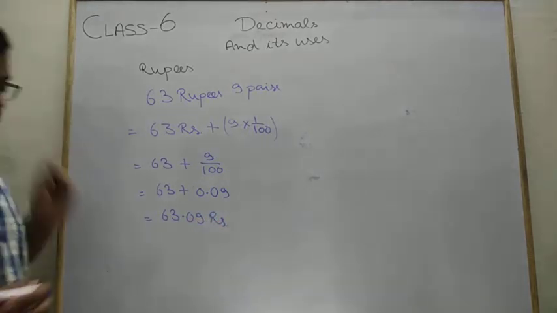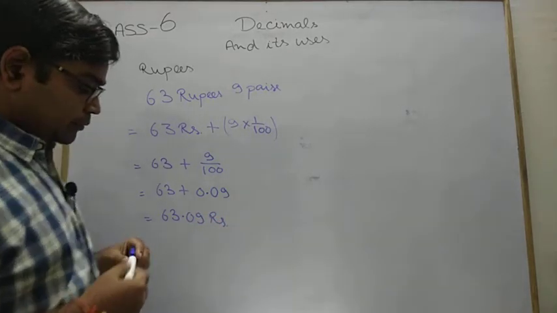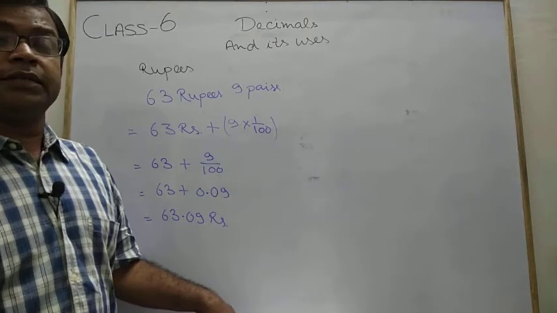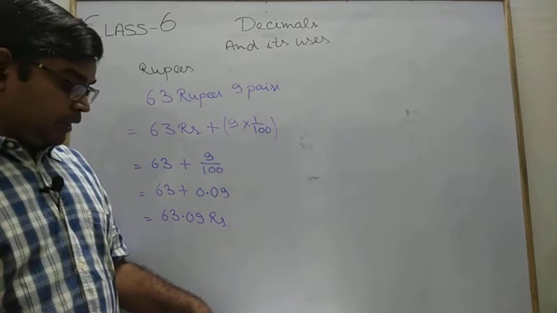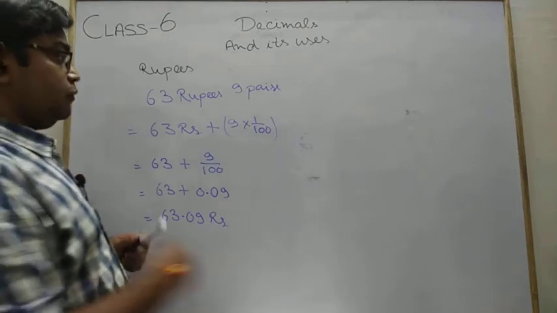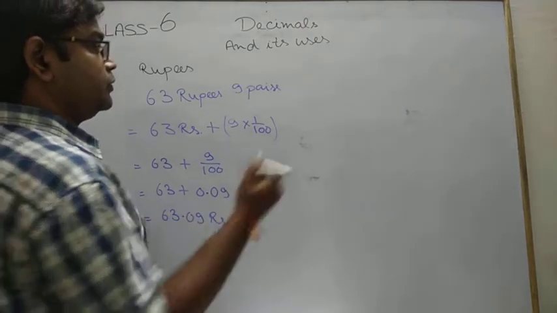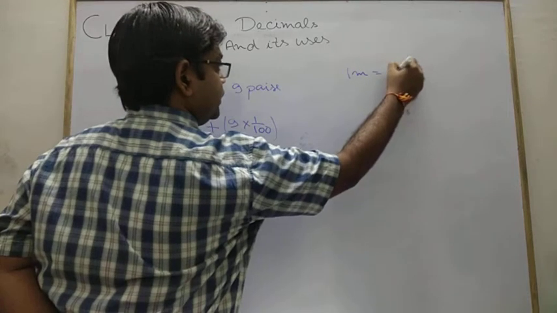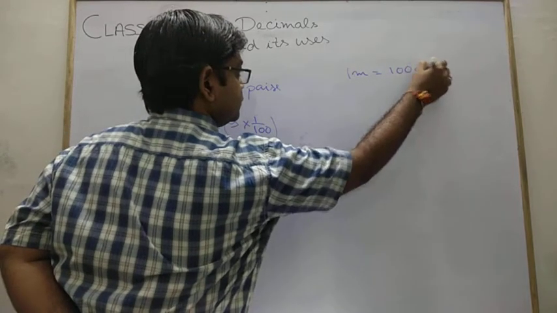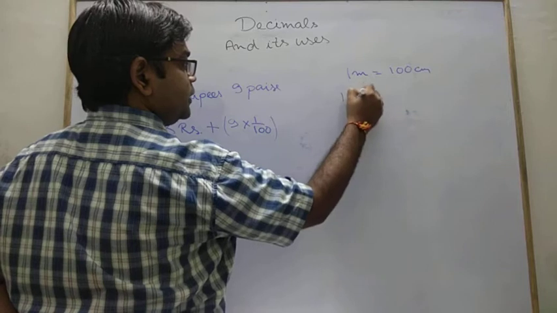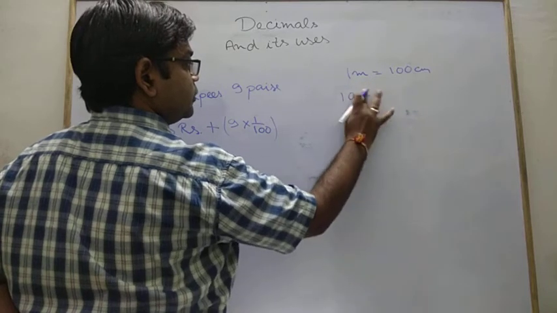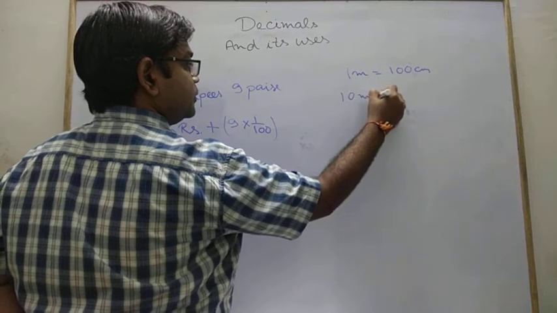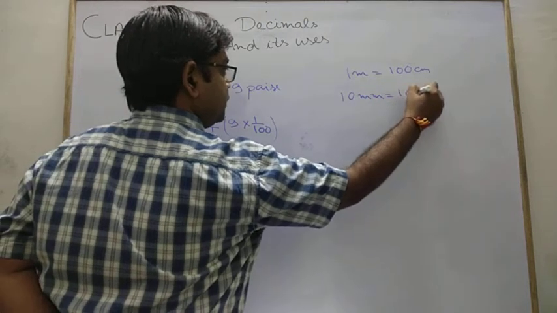Likewise we can solve. Again it is given to convert into centimeter using decimals. As we know that in 1 meter we have 100 centimeter, and also we know that 10 millimeter equals 1 centimeter.